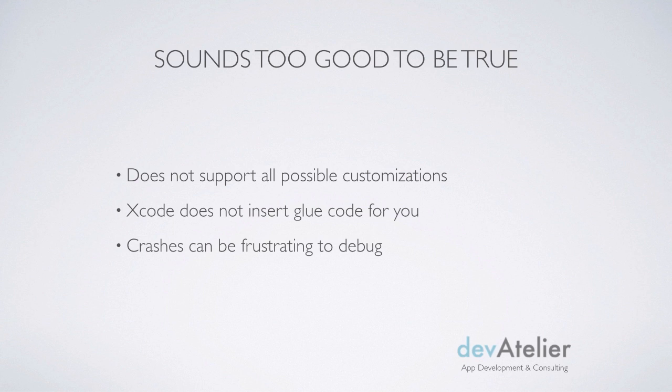So for example, I have a button and I want to change the font, from something like Helvetica to Comic Sans. For some of the UI elements, there's not really a way to do it in Interface Builder, so you still have to go back to the code for that.